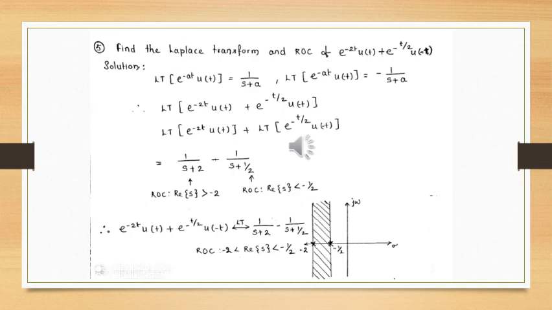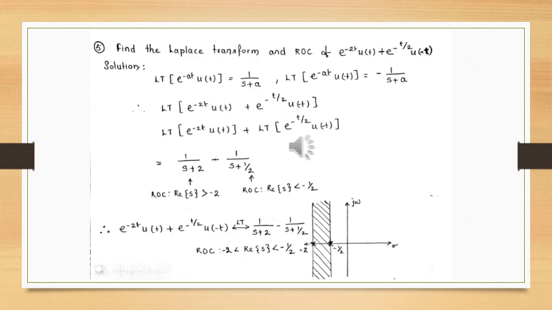Now we will see Laplace transform and the ROC of e raised to minus 2t u of t plus e raised to minus t by 2 u of minus t. We know that Laplace transform of e raised to minus at u of t is 1 divided by s plus a. And the Laplace transform of minus e raised to minus at u of minus t is equal to 1 divided by s plus a.